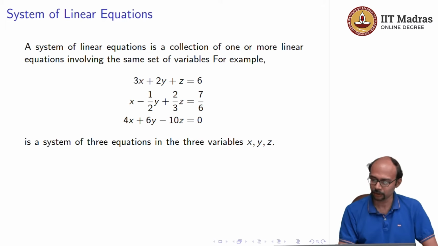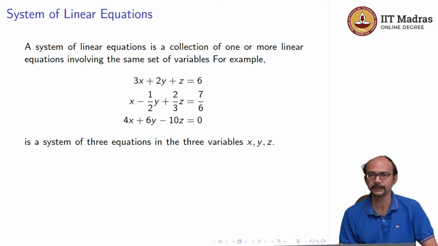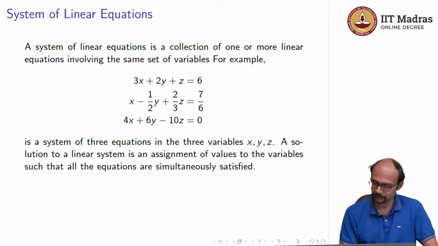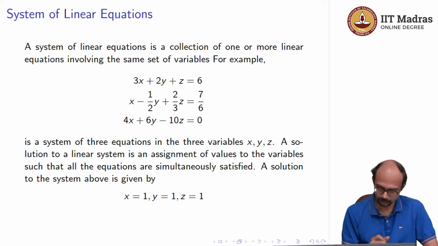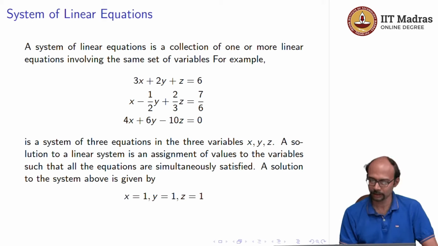Here's an example: 3x plus 2y plus z is 6, x minus half y plus 2/3 z is 7/6, and 4x plus 6y minus 10z is 0. I encourage you to solve this similar to how we did it in the first example. You should get x is 1, y is 1, and z is 1.